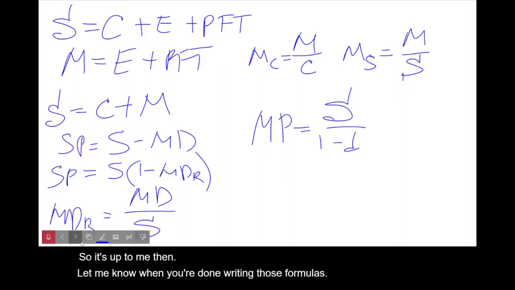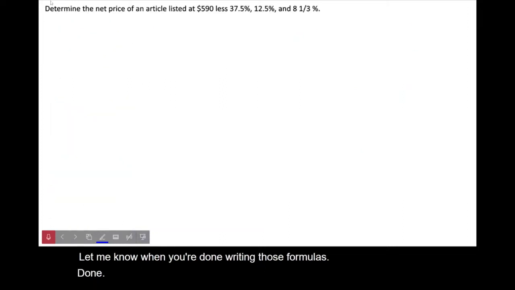Done. Okay, let's practice. Determine the net price of an article listed at 590 less 37.5, 12.5, and 8 1/3 percent.